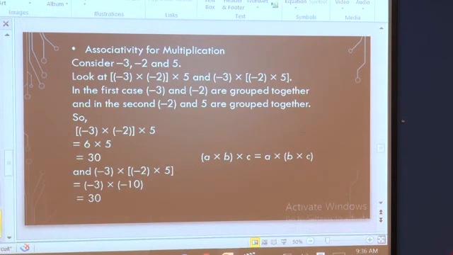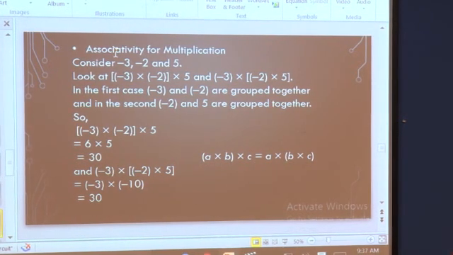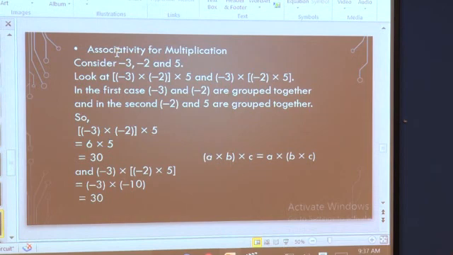Next property is the associative property for multiplication. What is the meaning of association? Yes, you remember. Association is nothing but grouping of integers. You can group any integers in a pair. Here, as an example, I have taken -3, -2 and 5.